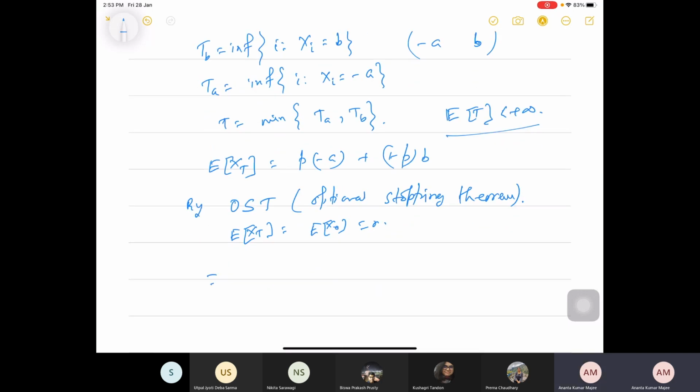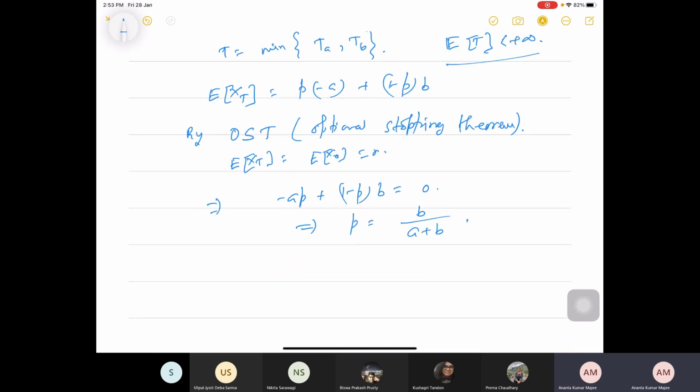So this implies that minus AP plus 1 minus P times B is equal to 0. From there I get P is equal to B by A plus B. So the probability that the gambler will win is B by A plus B.